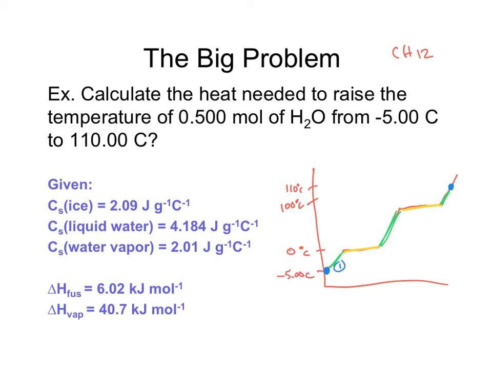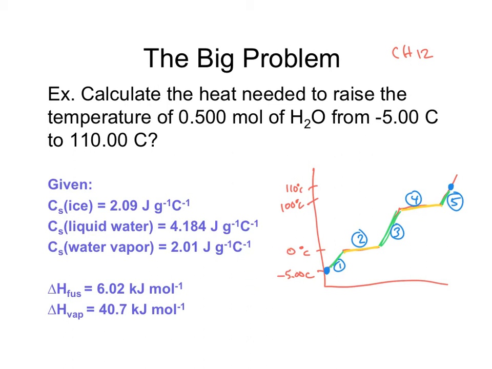So step 1, step 2, step 3, step 4, and step 5. You can calculate the heat for each one of the steps, and then add them all up to get the total heat. So calculate the heat needed to raise the temperature. Of course, it's going to go through the phase transitions, but that's the idea.